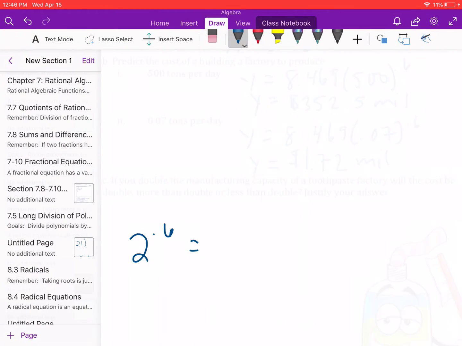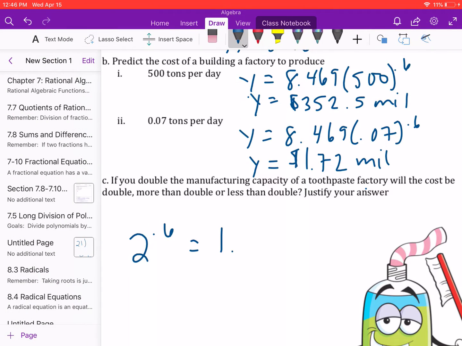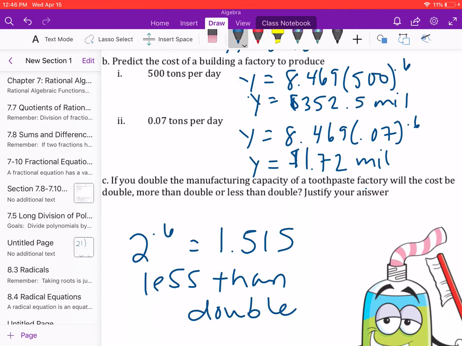So now it's going to ask us, if you double the manufacturing capacity of a toothpaste factory, will the cost be double? More than double or less than double? Justify your answer. So obviously this is not a linear relationship. So if it's not a linear relationship, it's not going to be able to double.